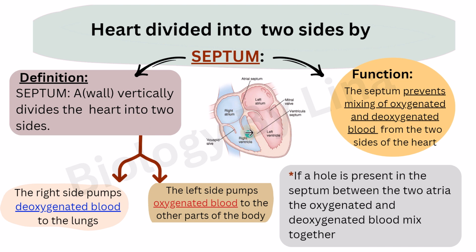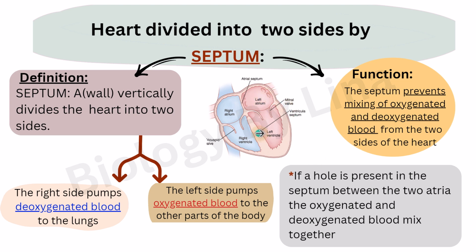The right side, usually colored blue, contains deoxygenated blood. The right side pumps the deoxygenated blood to the lung, while the left side pumps the oxygenated blood to the other parts of the body.